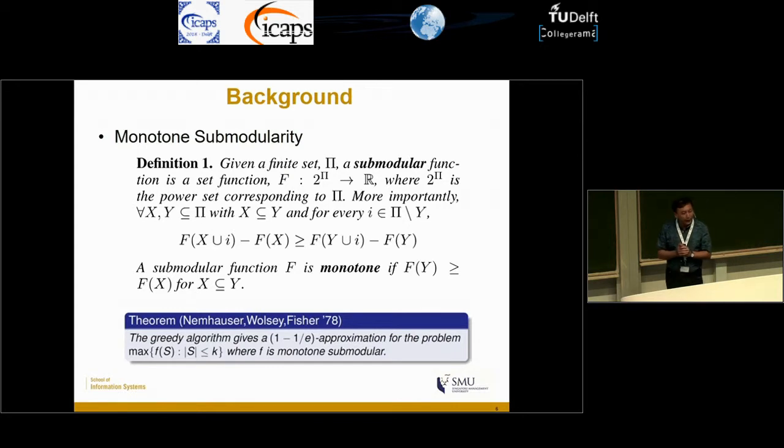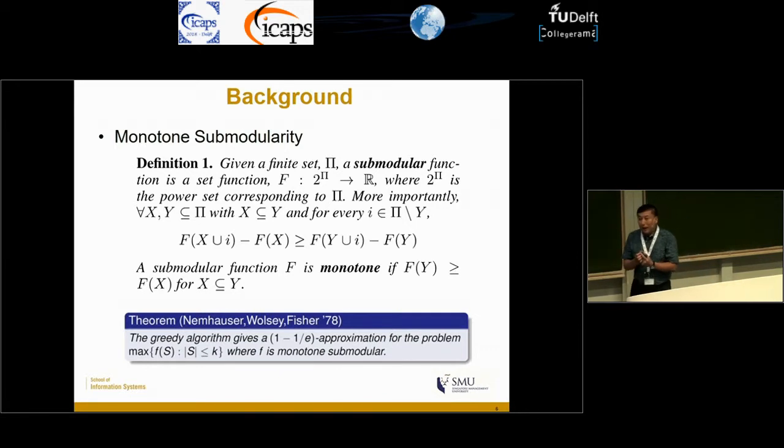However, the good news is that if the function is monotone, in other words, the utility of a set is always monotonically increasing with the elements you put into the set, then we have an interesting property from a very old result by Hauser, Woolsey, and Fisher: the greedy algorithm always produces a bound of 1 minus 1 over e, which translates to about 63% for such a problem.